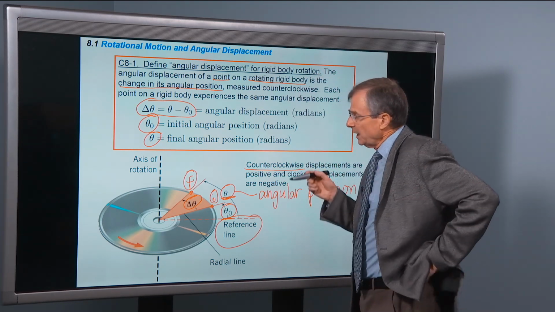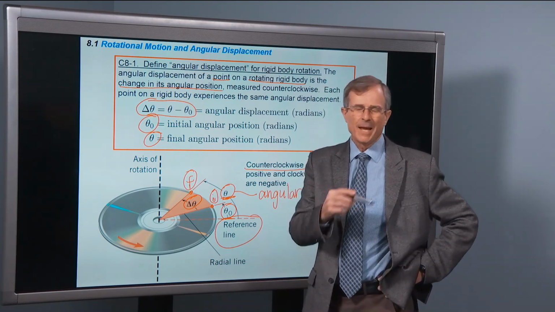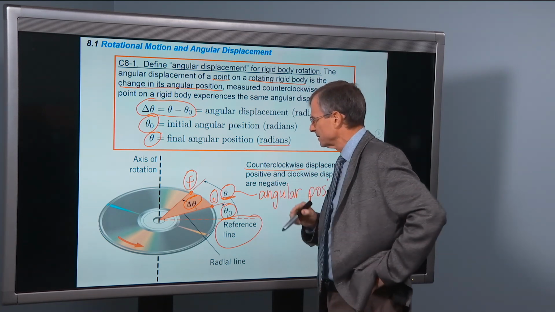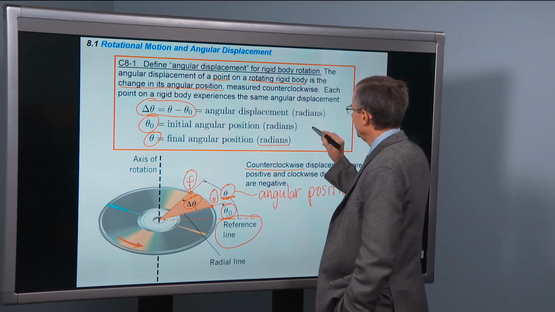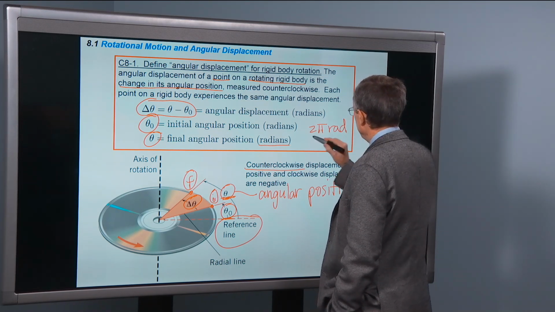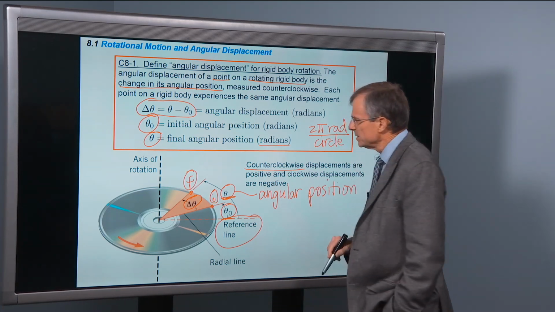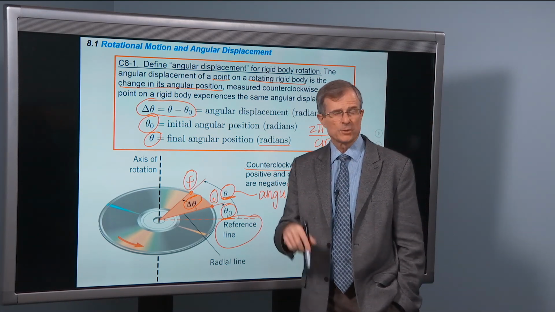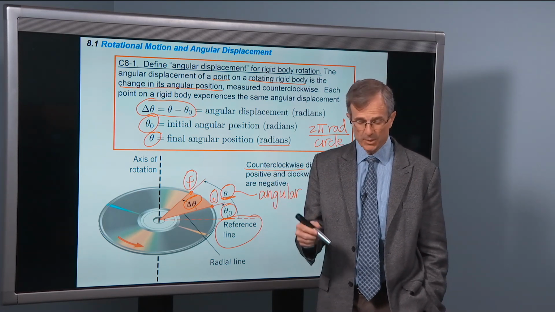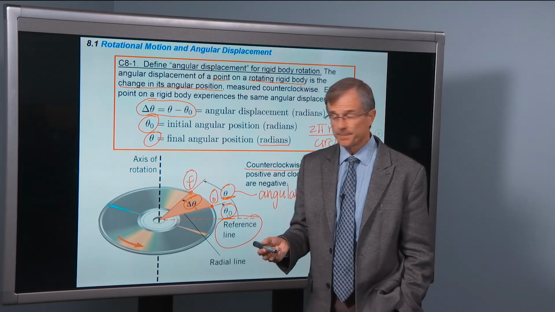We normally measure angular positions and displacements in radians, where there are 2 pi radians in one circle. Sometimes, though, we'll measure angular positions and displacements in degrees.